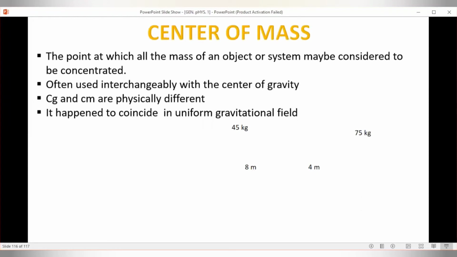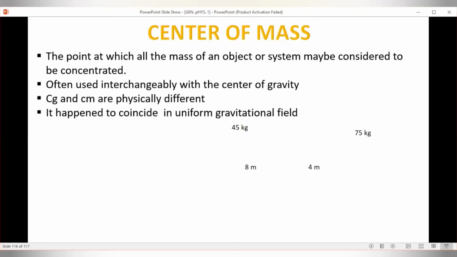However, the center of mass refers to the point at which all the mass of an object or system may be considered to be concentrated.